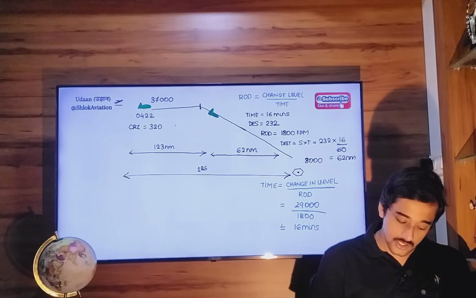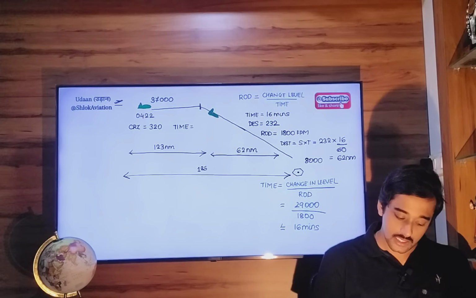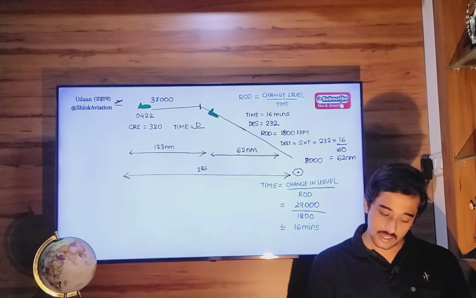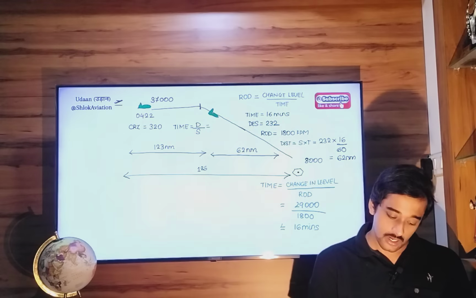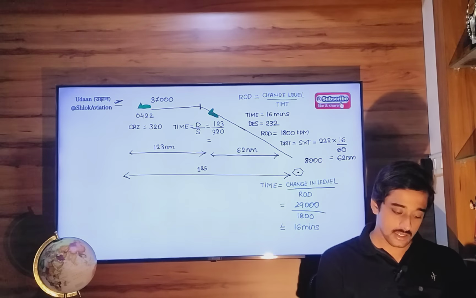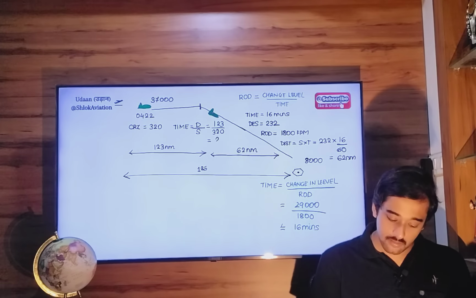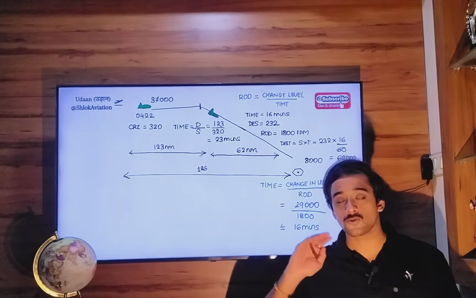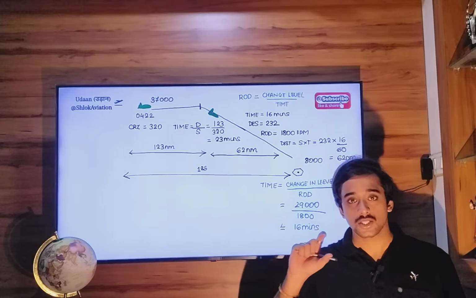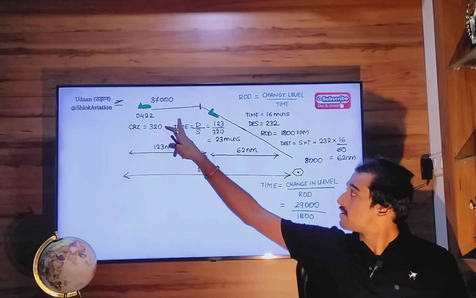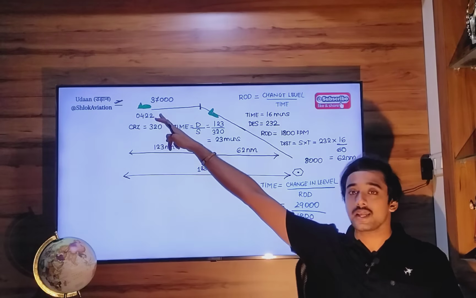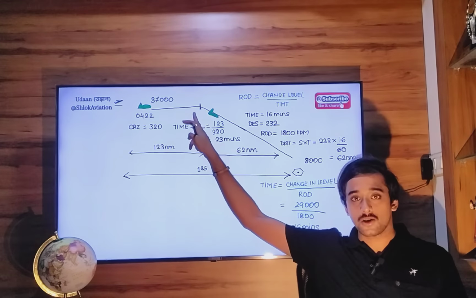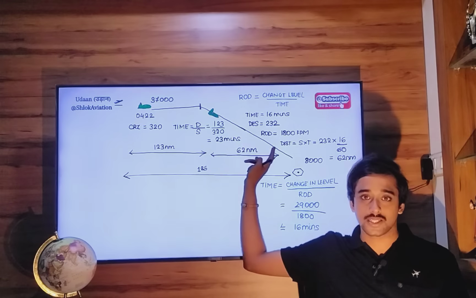Time equals distance divided by speed. So 123 miles divided by 320 knots cruise speed is equal to 23 minutes. That means aircraft must continue its straight and level forward journey for a duration of 23 minutes. After the end of 23 minutes, it can start its descent.